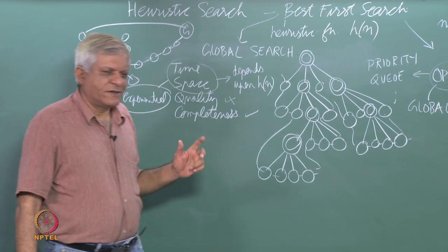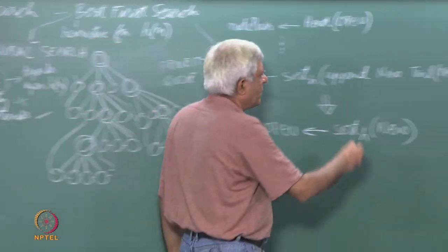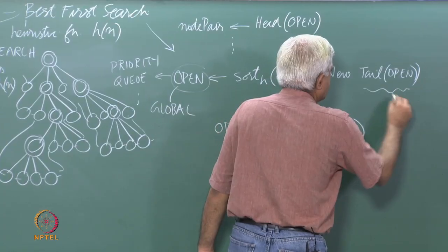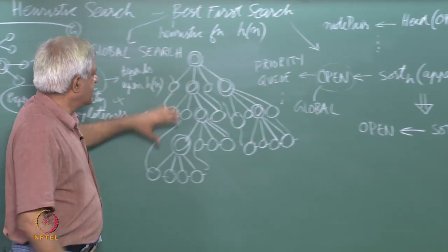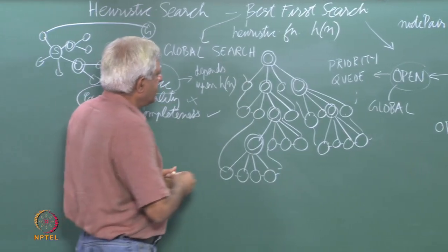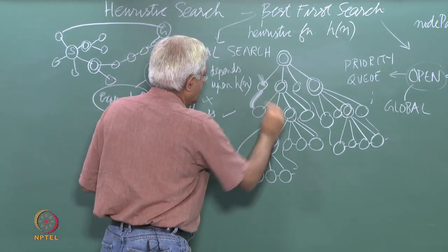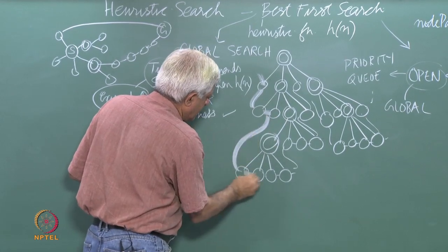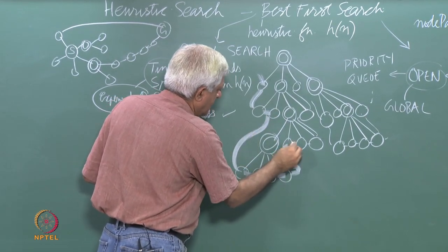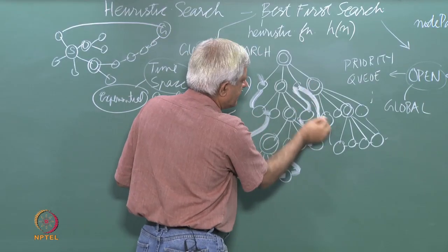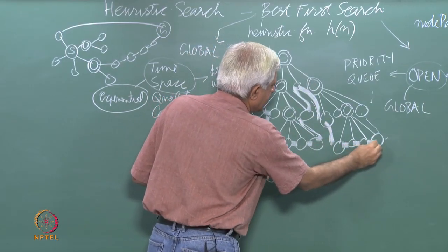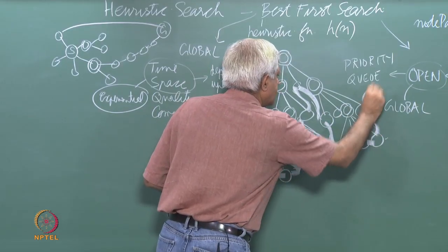So, what have we done here? We have thrown away all these nodes that we had generated earlier. So, in this case, the open list includes these nodes. It is a big list, nodes that we had generated sometime in the past and nodes that we have just generated, everything is included into the open list.